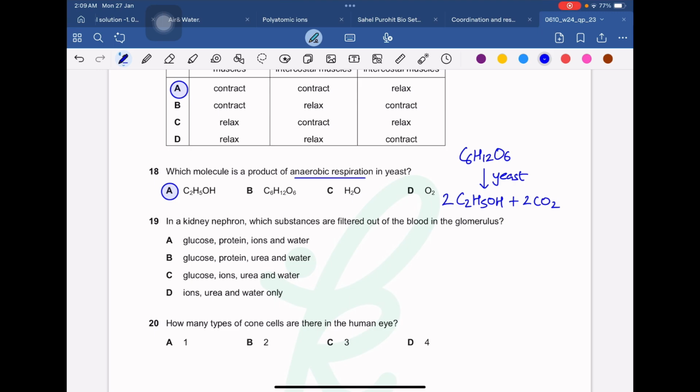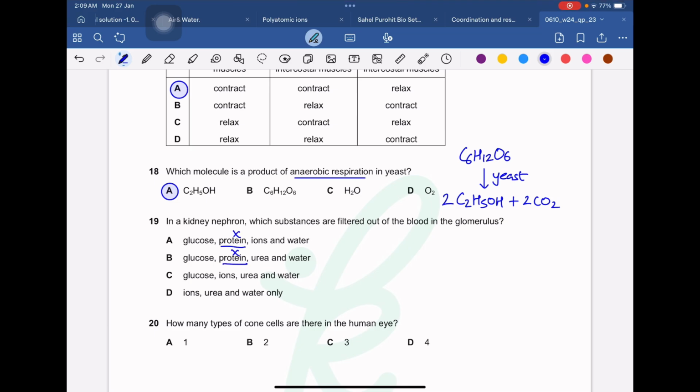Let us go on to the next question. In a kidney, nephron, which substances are filtered out of the blood in the glomerulus? Now we very well know that the substances that filter out of the glomerulus are smaller substances. Macromolecules do not filter. So in that case, when we read option A, proteins is eliminated because protein is a macromolecule.